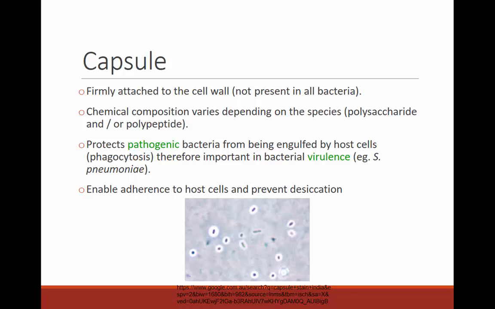Capsules are not found in all bacteria, and the composition of a capsule can change between species. So typically we don't look at the composition of capsules. If we're using classical techniques, we're looking at the presence or absence of them.